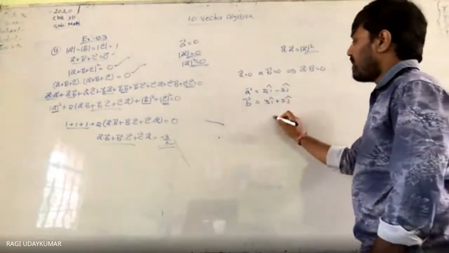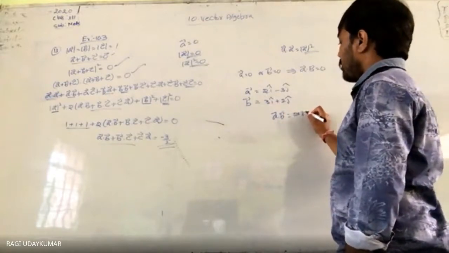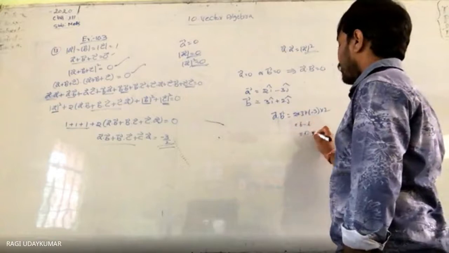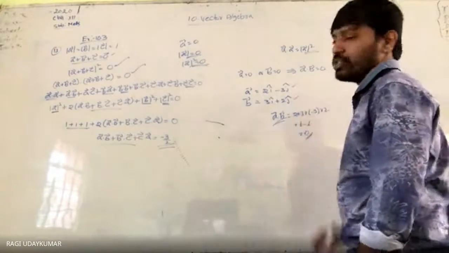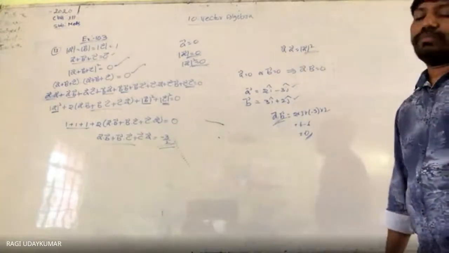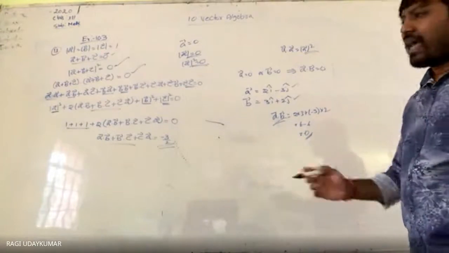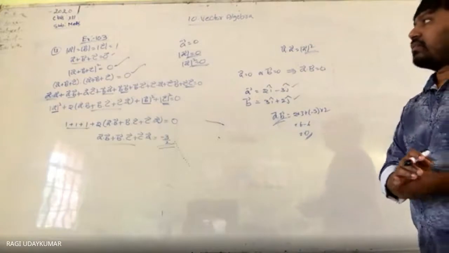A bar dot b bar: 2 into 3 plus minus 3 into 2, which is equal to 6 minus 6 is equal to 0. The dot product is 0, but neither is a zero vector. So this is the example you can give. Like that, you can create an example in any way.